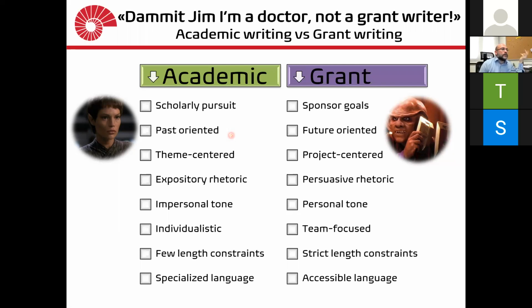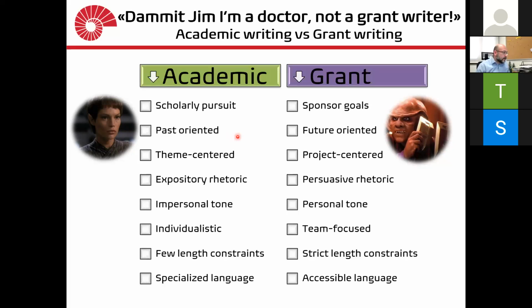But a grant proposal is future-oriented, where you are promising to do work, to do academic work, to do activities related to your project proposal. So there is this difference. It also impacts writing style, this kind of temporal difference between the two approaches.